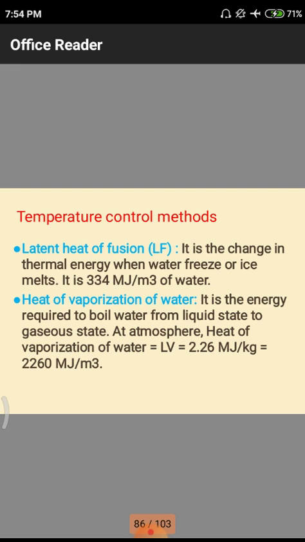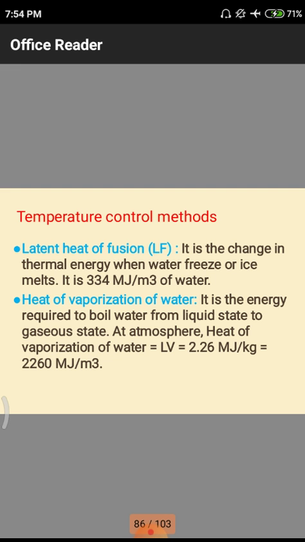The first one is latent heat of fusion. It is the change in thermal energy when water freezes or ice melts, at 334 joules per meter cube of water.